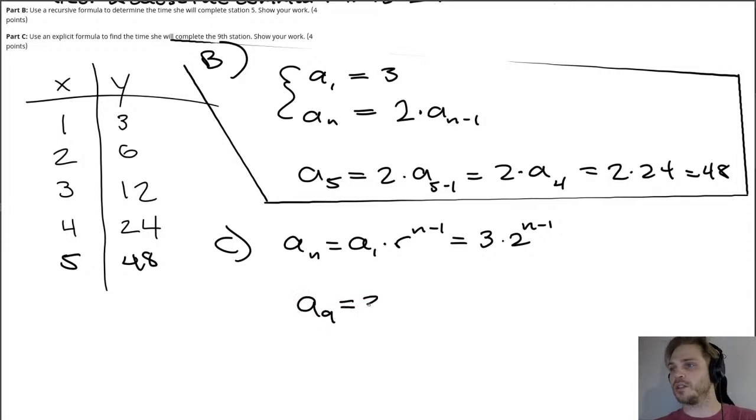And then A9 is going to equal 3 times 2 to the 9 minus 1, which is 3 times 2 to the 8. That's going to be 8 times 8 times 4.